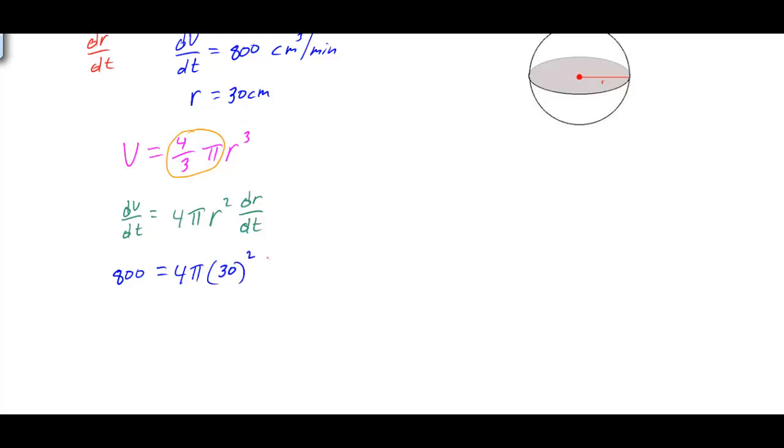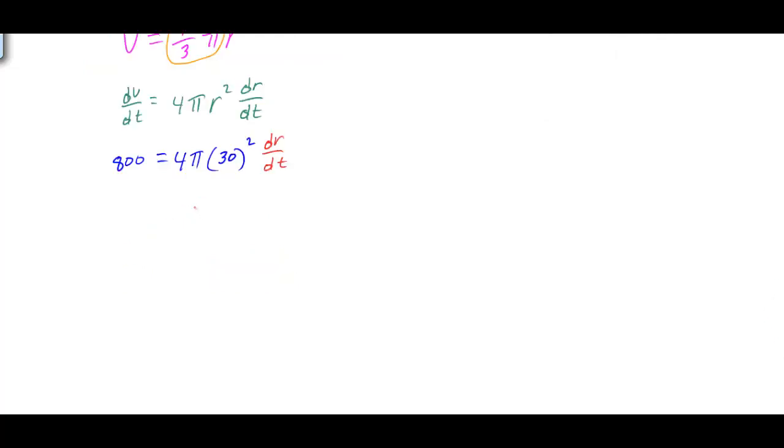We are solving for dr/dt. If we perform the calculations, dr/dt is going to be equal to 800 divided by 4 pi times 30 squared.